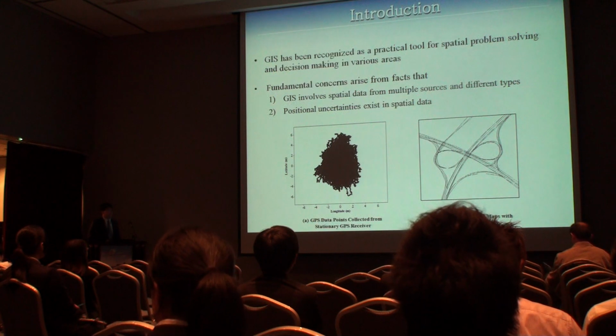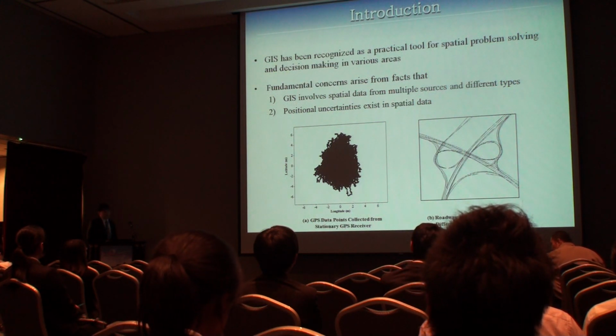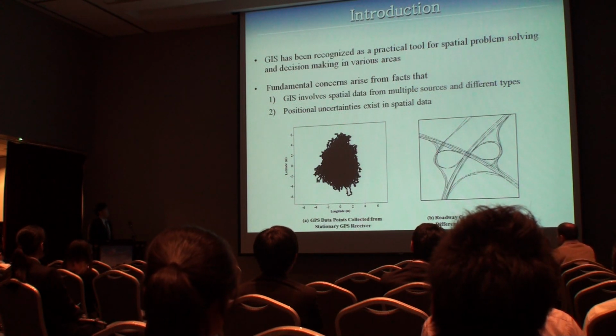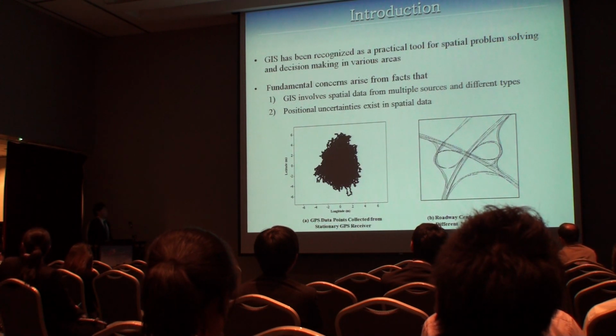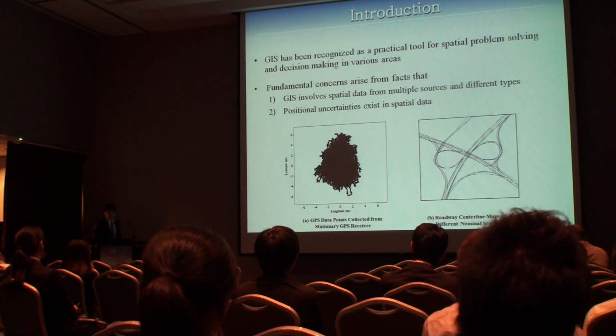With increasing needs of spatial information for various areas, GIS has been recognized as a practical tool for spatial problem solving and decision making. However, fundamental concerns arise from the fact that GIS involves spatial data from multiple sources and different types, and positional uncertainties exist in spatial data, as shown in the pictures on the slide.